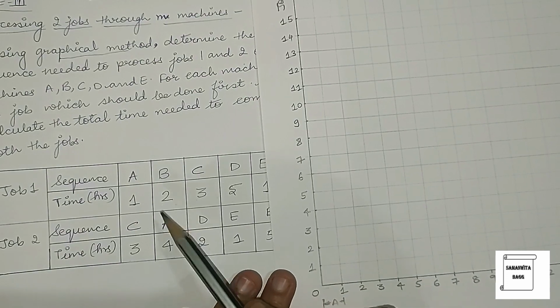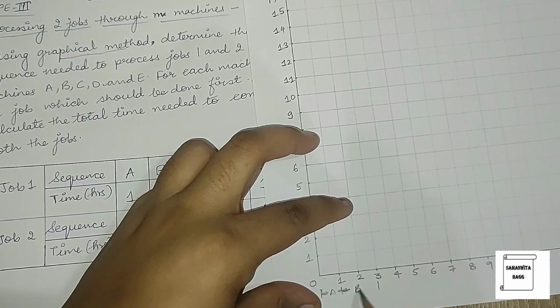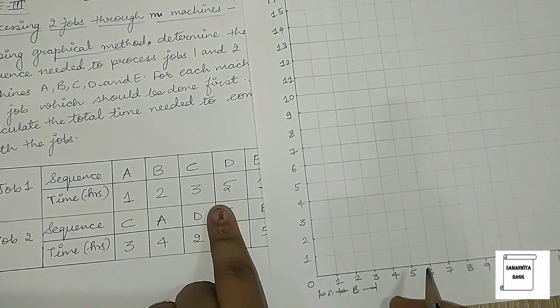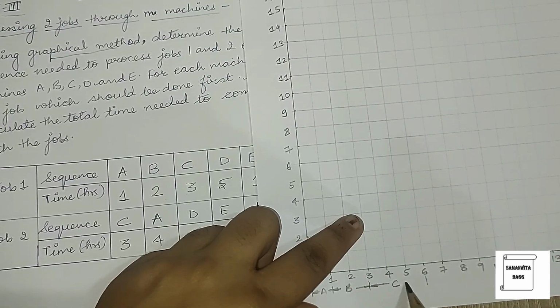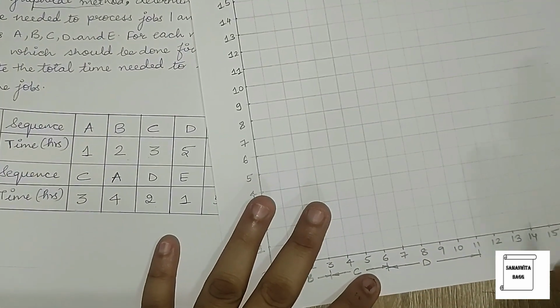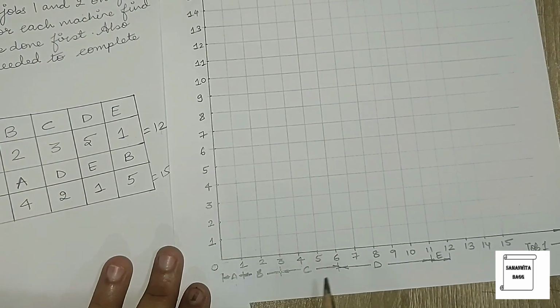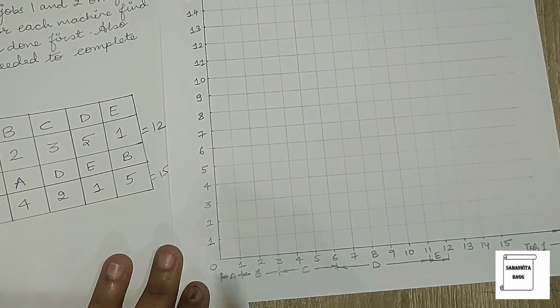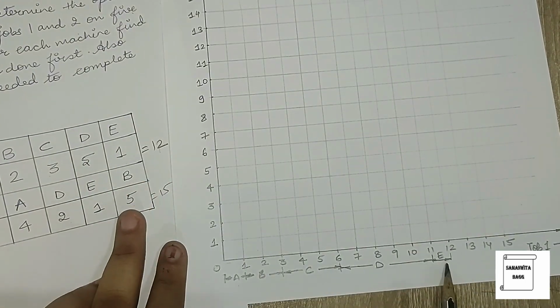Next timing is 2, so from 1 to 3 is for B. C is indicating 3 hours, so up to 6, I'll mark C, and accordingly I'll mark the rest too. So you can see here A, B, C, D, E. I have marked based on the timing, and the maximum value is 12 as I have added.